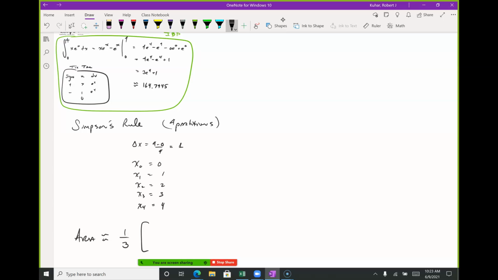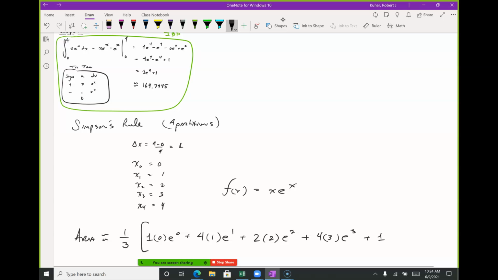And remember my function is x e to the x. I'm not doing a derivative or an antiderivative or anything like that. So I need 1 times 0 e to the 0 plus 4 times 1 e to the 1 plus 2 times 2 e to the 2 plus 4 times 3 e to the 3 plus 1 times 4 e to the 4.